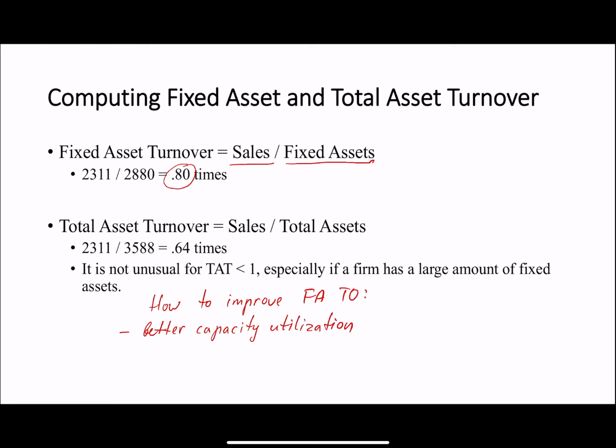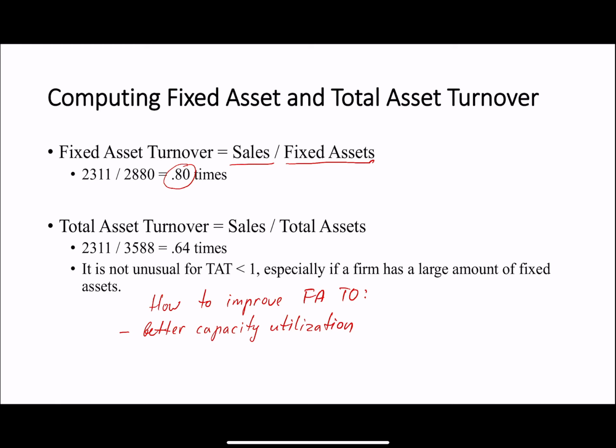Okay, so what does it mean? Well, if your fixed asset turnover is very low, it might indicate that you just have excess capacity. You have too much plant and equipment and it's not operating at full capacity. Remember, General Motors, right before the financial crisis of 2007, 2008, it was a huge company. They ended up selling a lot of their brands.